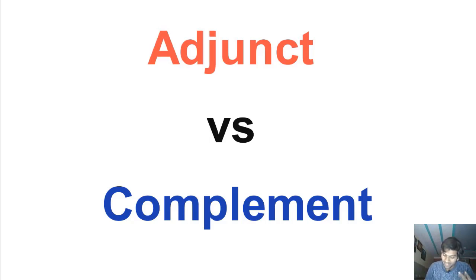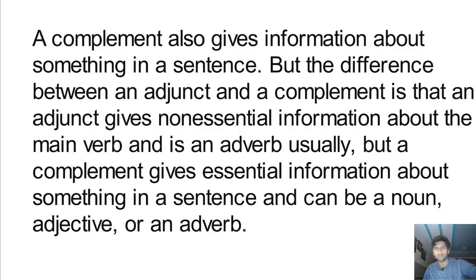So you have different types of complements in English, right? Subject complement, verb complement, adjective complement. These complements give information about something in order to complete the meaning of the sentence, right? So when you take out a complement, it changes the meaning of the sentence. Sometimes it makes it ungrammatical, which an adjunct never does. All right, so these two are different things and you should know the difference.